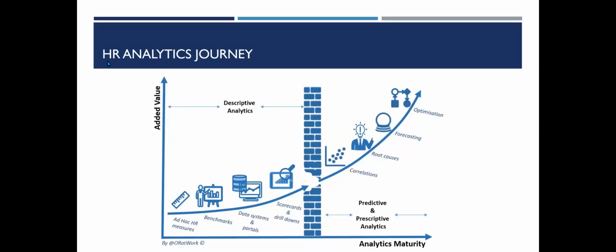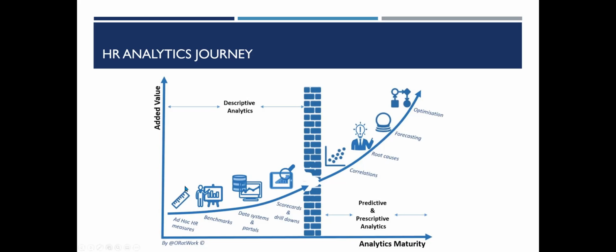Now I will walk you through a typical HR analytics journey that an organization goes through. On the y-axis, you have value addedness, and on the x-axis, you have analytics maturity. Typically, organizations start off at the bottom of both axes. Over here at the bottom left corner, we have organizations who primitively use ad hoc HR measures, for example, just basic tracking of employee salary, basic tracking of employees' tenure.